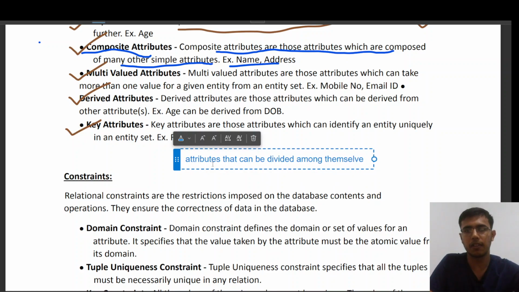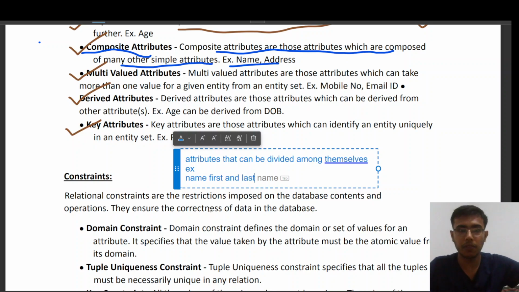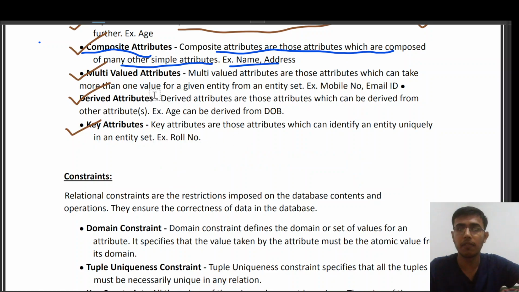For example, suppose your name consists of first name and last name. That is what we call composite attributes. Your address may be divided, or your university name may be divided, right? Your place of birth may be a simple attribute, right?